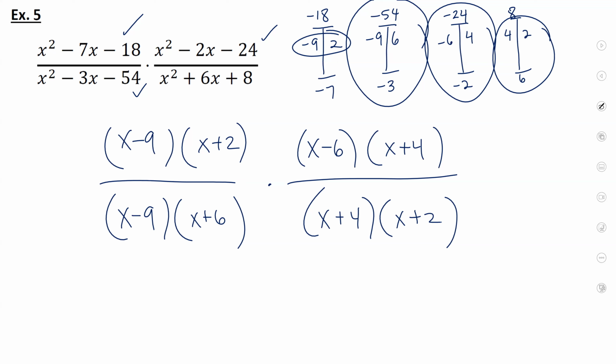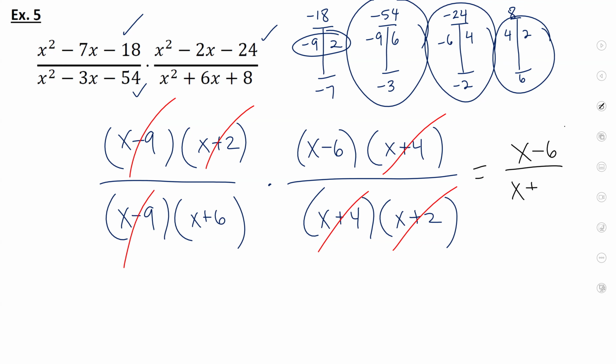All right, all it was factoring. Now we're just going to go through and cancel out similar things. That cancels with that. x plus 4 cancels with x plus 4. x minus 9 cancels with x minus 9. So what's left over is my answer. x minus 6 over x plus 6. This is your final answer.